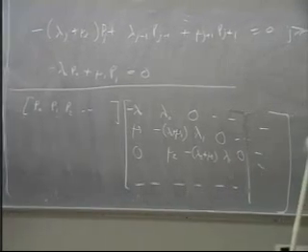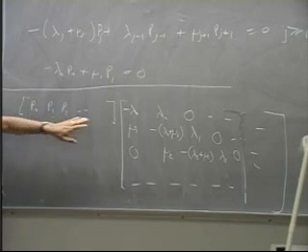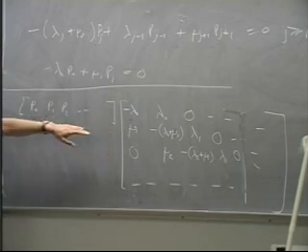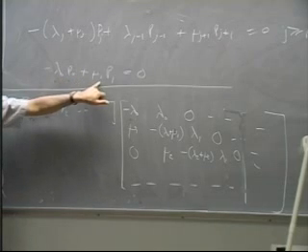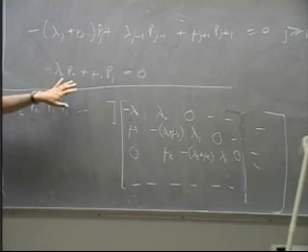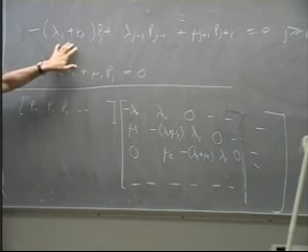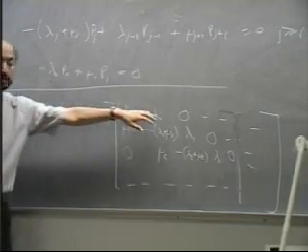This is equation 18 in the notes. If you do the matrix multiplication, you get P0 multiplied by minus lambda 0 and P1 multiplied by mu1. That's minus lambda 0 P0 plus mu1 P1 equals 0, which is the first equation. These equations are nothing more than the appropriate column multiplied.